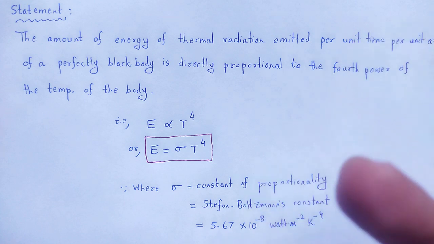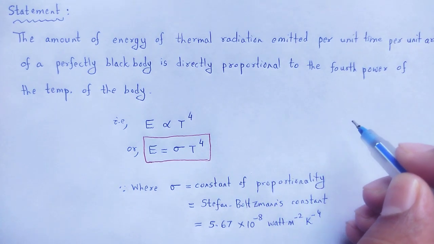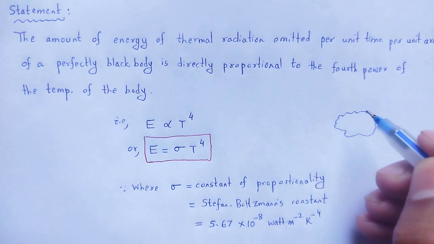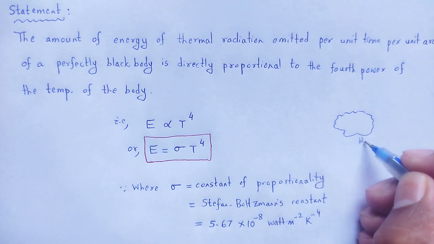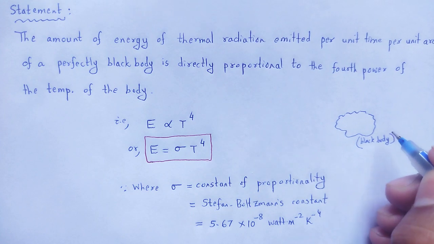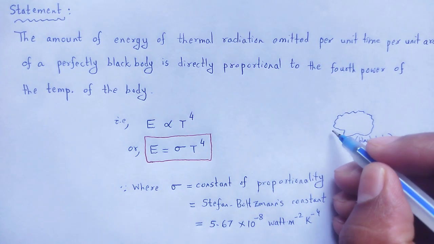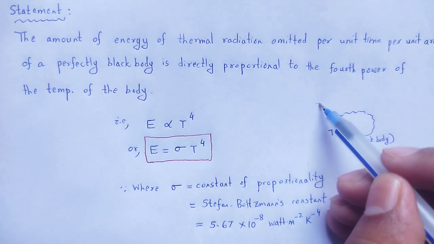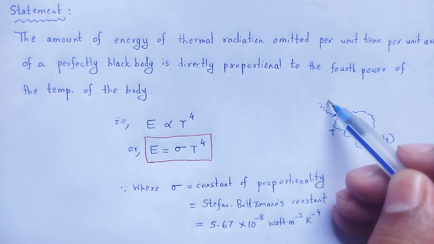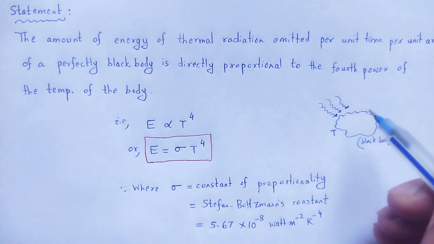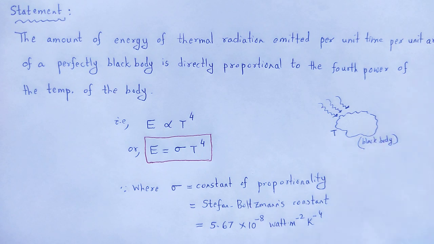What does that law signify? When we consider a black body at a given temperature T, the thermal radiations incident on that black body are totally absorbed, as we consider a perfectly black body.